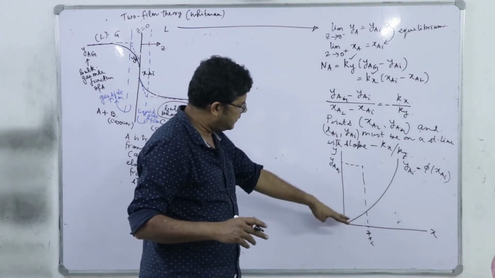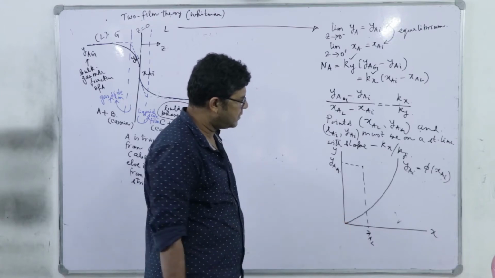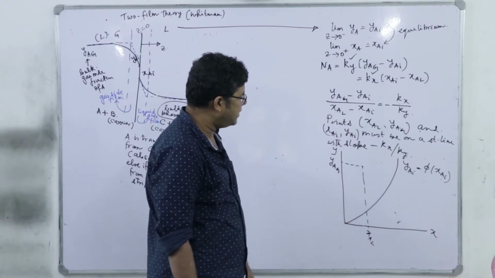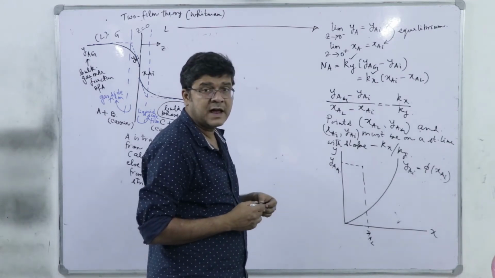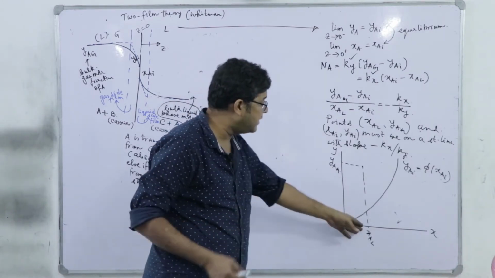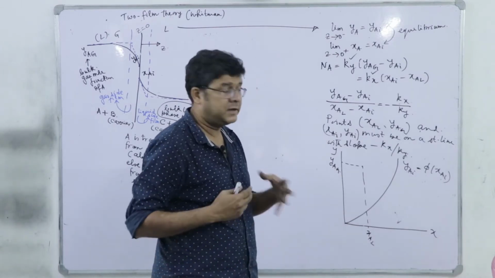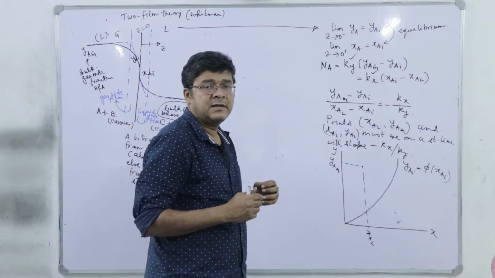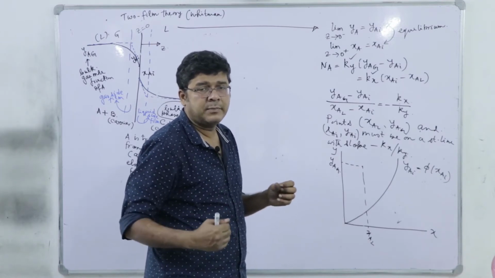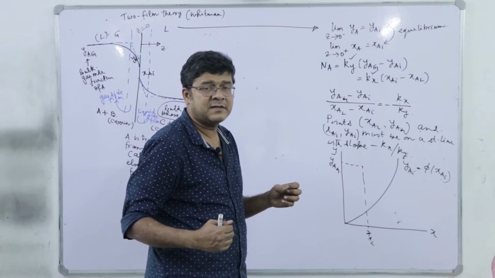If the point is located like this, the gas phase mole fraction of A is higher than the liquid phase mole fraction. So, we are thinking that component A is being transferred from the gas phase to the liquid phase.